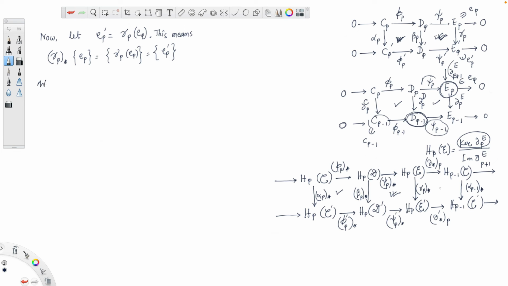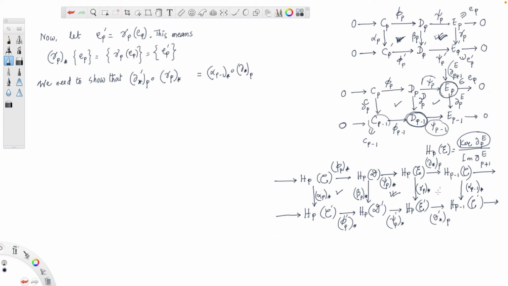We need to show that del star prime at P composed with gamma P star is equal to alpha P minus 1 star composed with delta star at P. Okay, that will prove that the last square commutes.